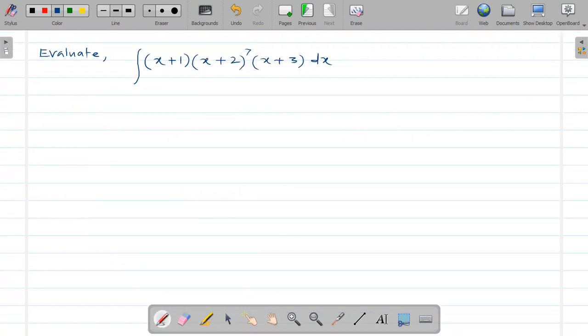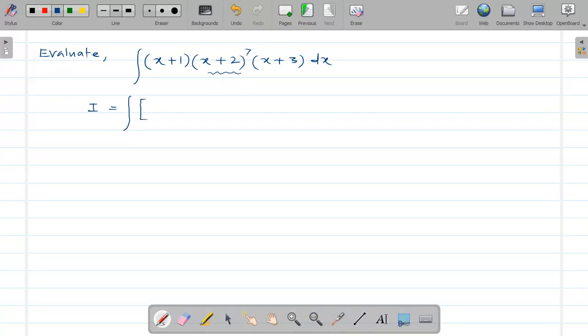Okay. Now another example is, we have to integrate (x + 1)(x + 2)^7 (x + 3) dx. Now if you observe this term, there is (x + 2)^7, so it is just a complicated term. To use the method of substitution, first of all we will adjust this integration like this.